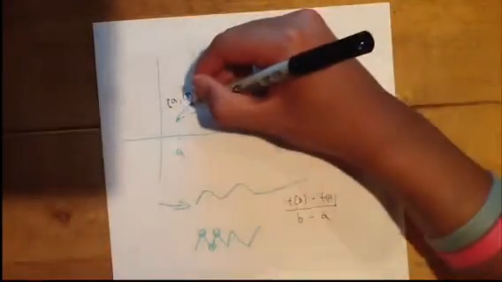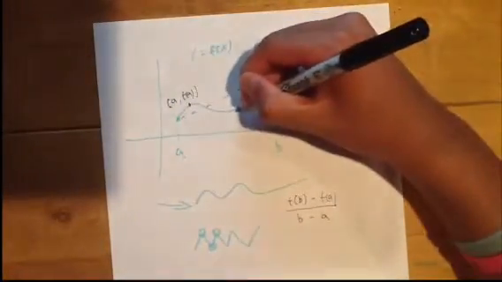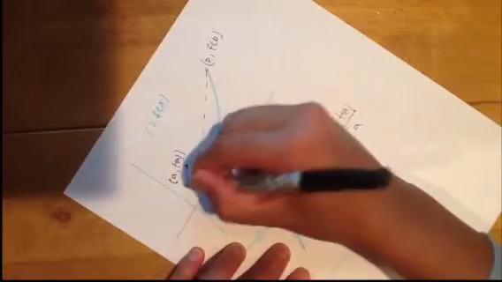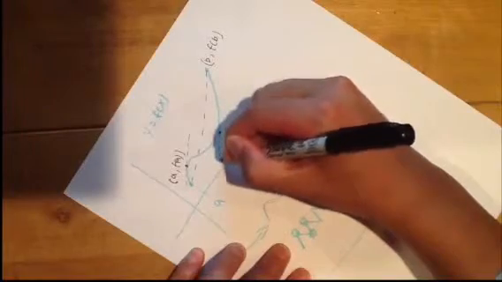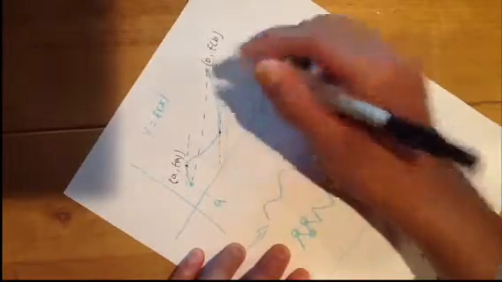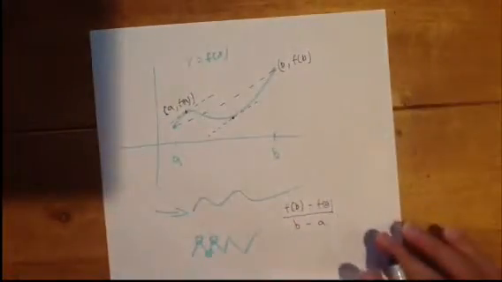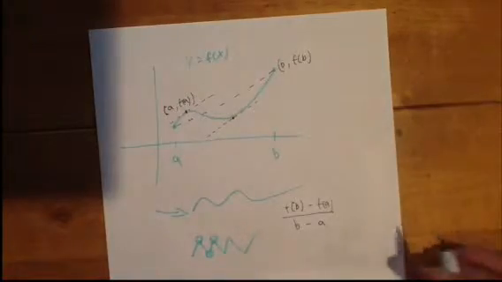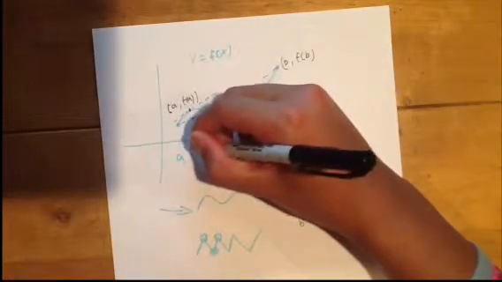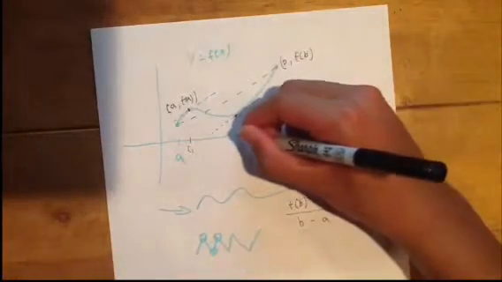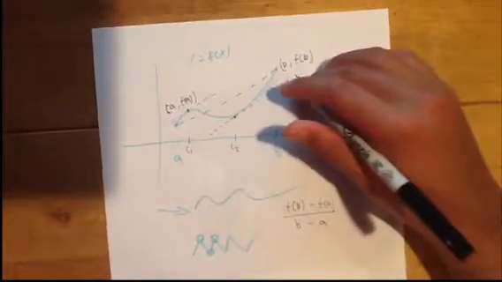So maybe here and here, sort of make tangent lines. So it appears that it has sort of the same slope. So I'll label these points for x coordinates, maybe c1 and c2.